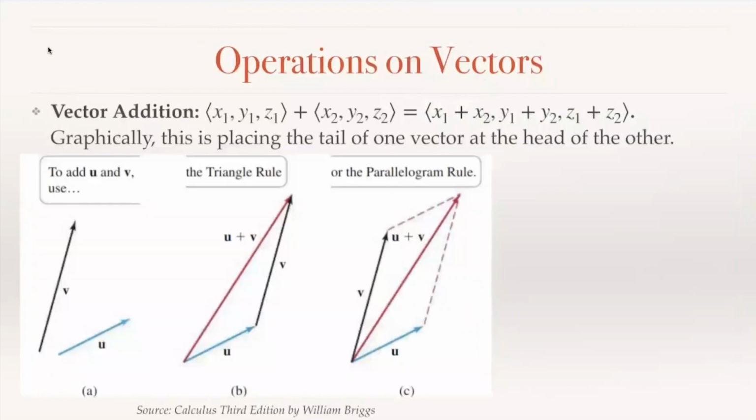So in other words, this definition still holds. Just imagine now that u and v are vectors in 3 dimensions, and it still forms a parallelogram, and the vector sum is still geometrically the diagonal of that parallelogram.